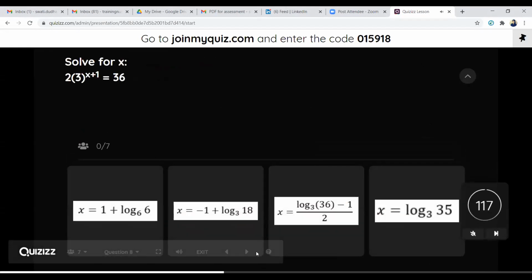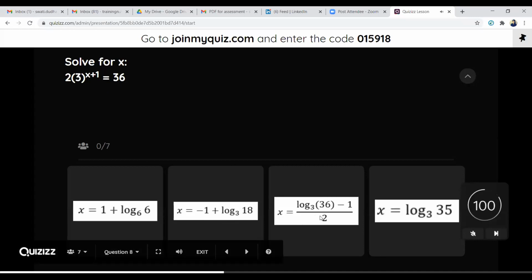Solve for x. So here I have given 2 minutes. Once you get the value of x, you will not get it in terms of log. Find out the numerical value for each option and find your answer.